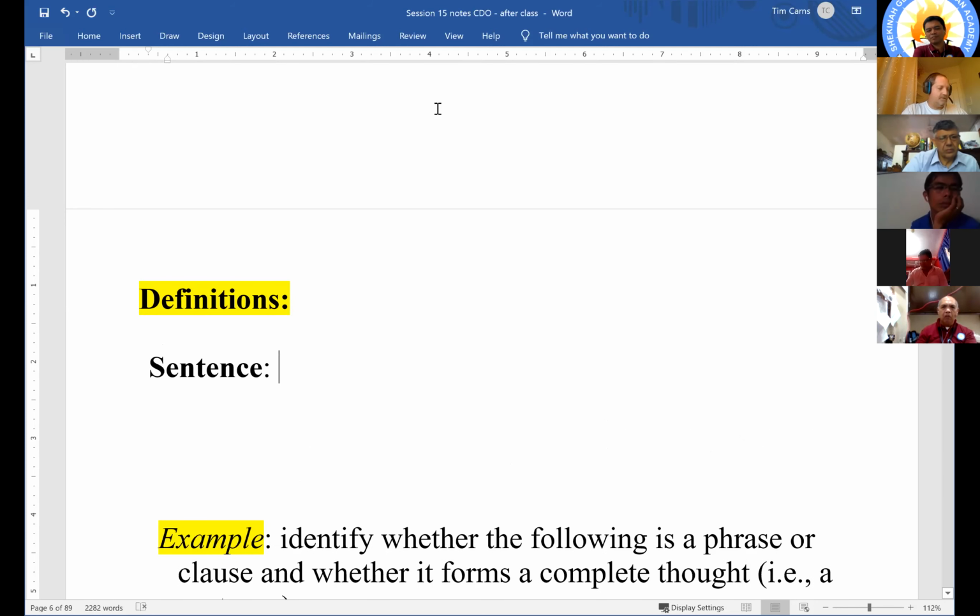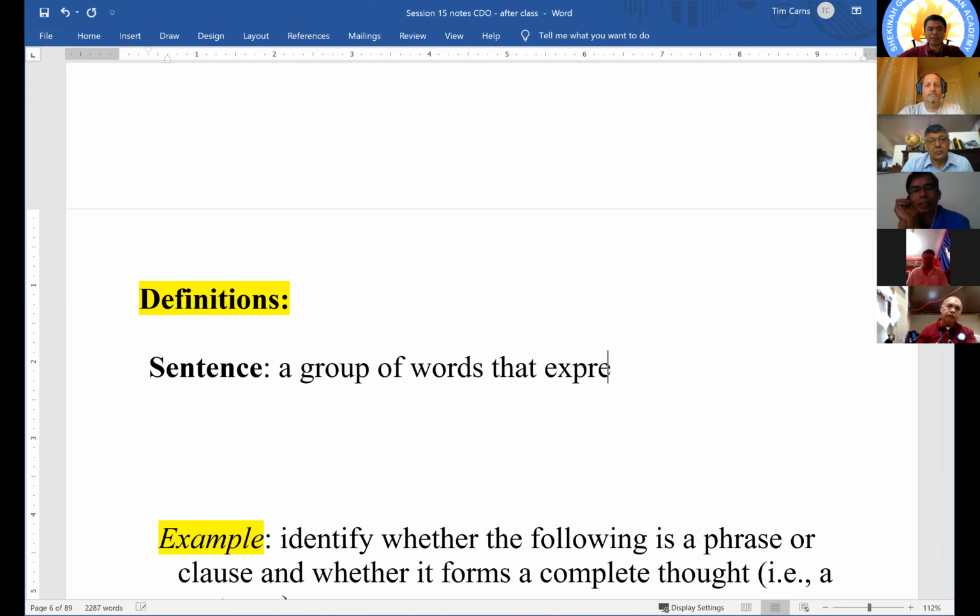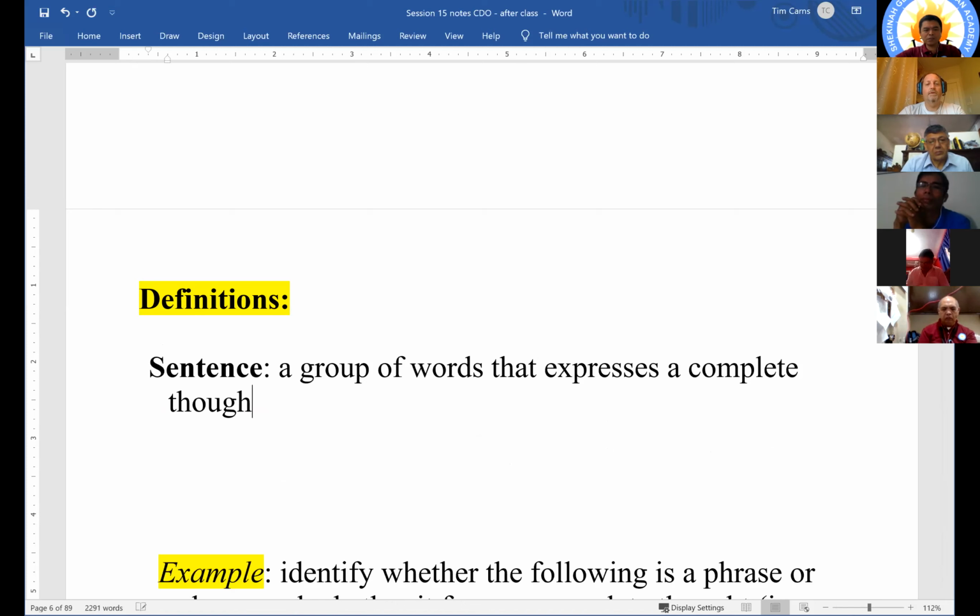All right, a sentence. Who can tell me what a sentence is? If you were to define a sentence. Yeah, Anselmo? Oh, go ahead, Sid. A sentence is a word or group of words that expresses a complete idea or thought. Good. Excellent. And notice the word complete. That's a very, very important word there.